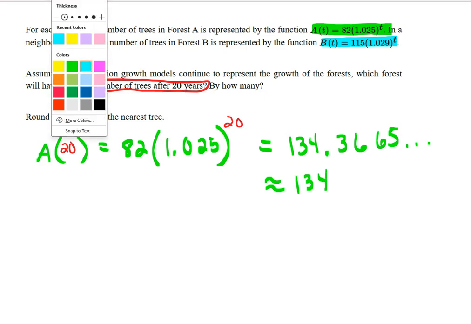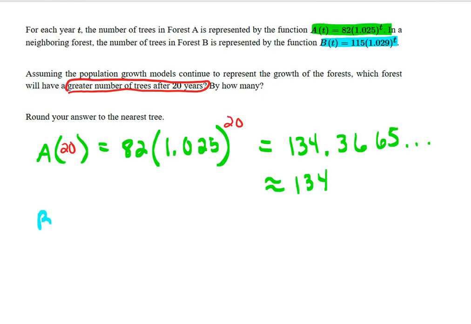And then I'm going to go to my other function, which is B of t, and I will also take out the t and stick in the 20. So this is going to be 115 times 1.029 raised to the 20.